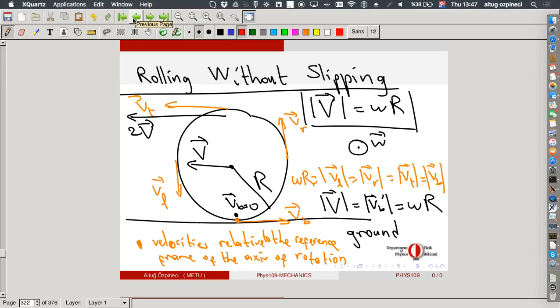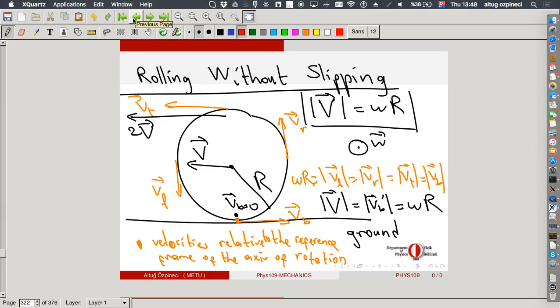Since the angular velocity is the same, the speed of this point is angular velocity times this distance, which is also omega r. So we know that VL, VR, VT, VB are all equal to V, which is omega r over here. So these are the two reference frames that we are discussing.